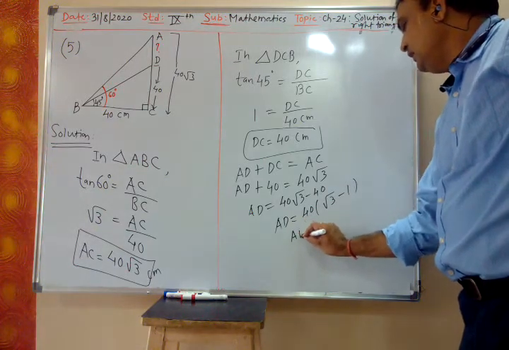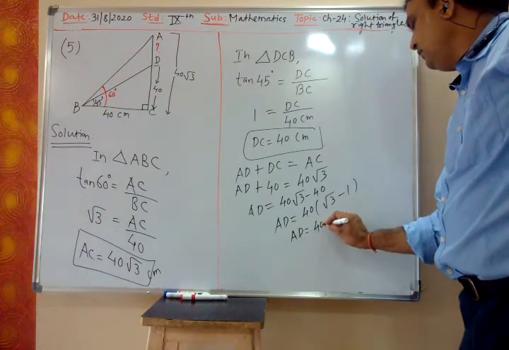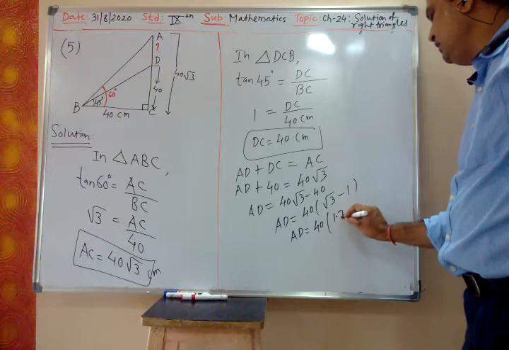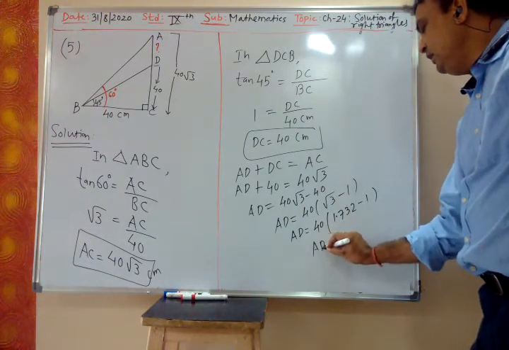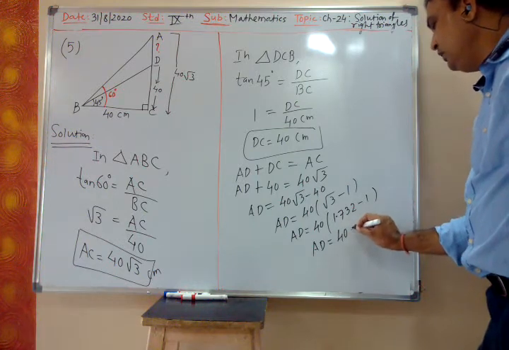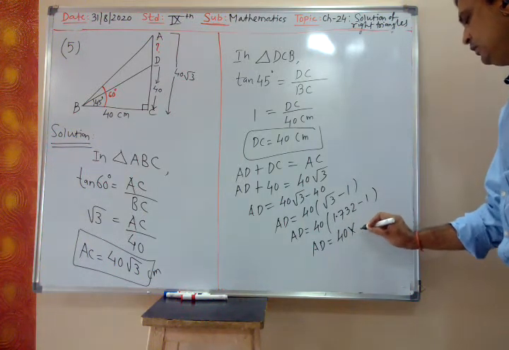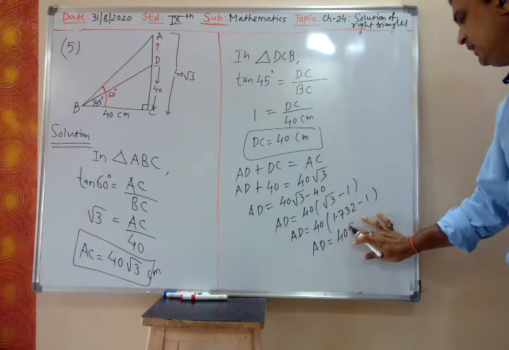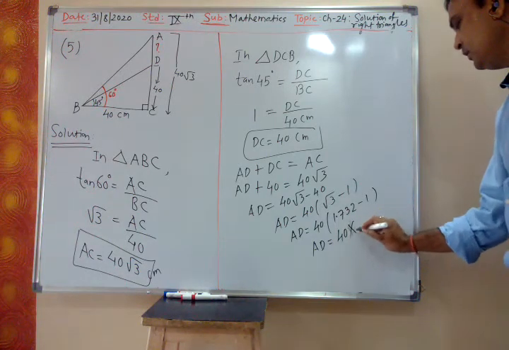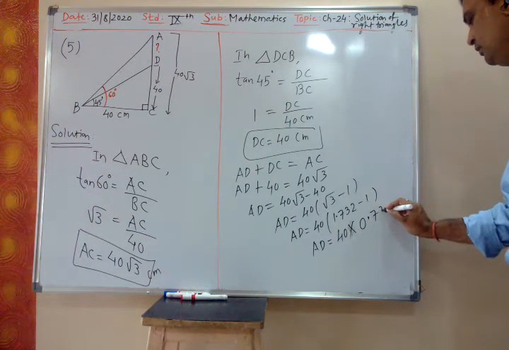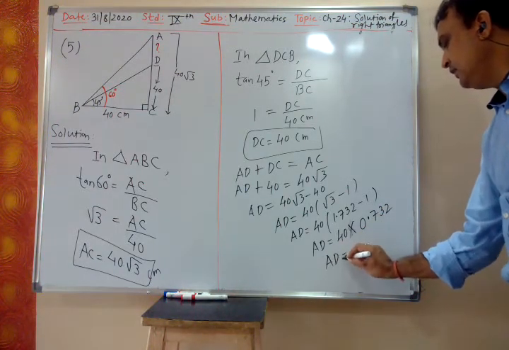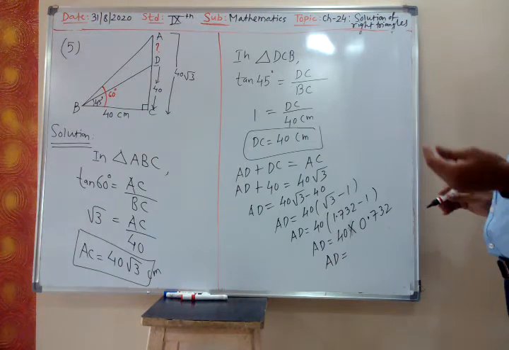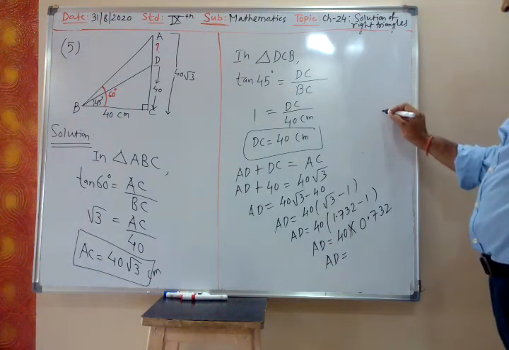So wait, root 3 I will write as 1.732 minus 1. So AD is 40 into 1.732 minus 1, that will be 0.732. Now multiply by 40. 0.73 you can write, no problem.